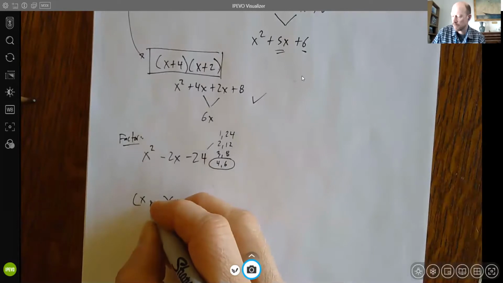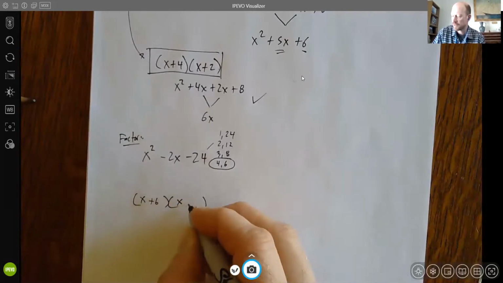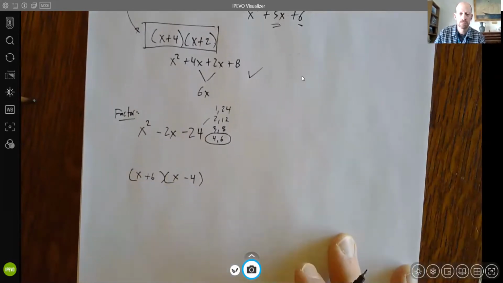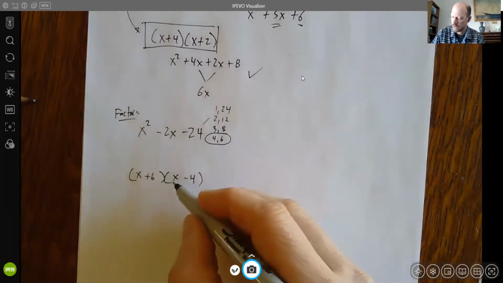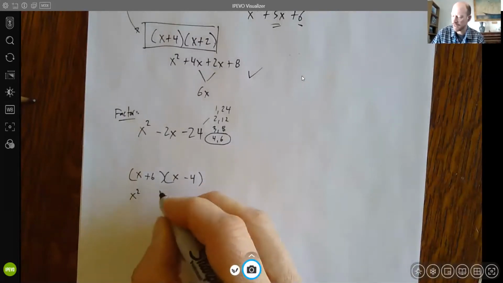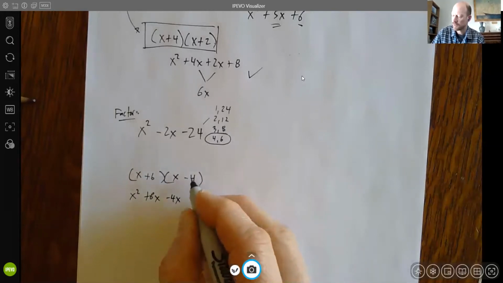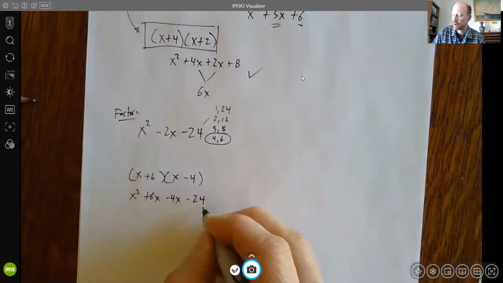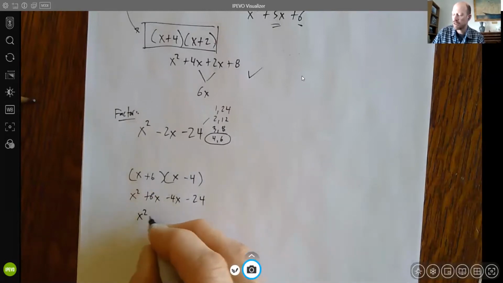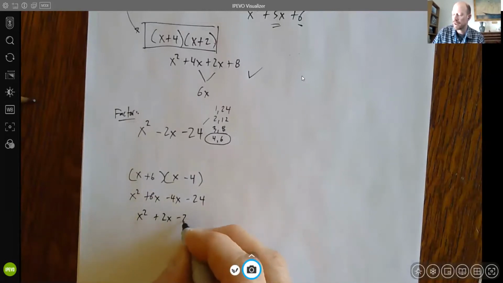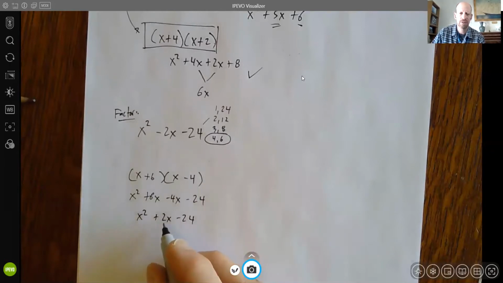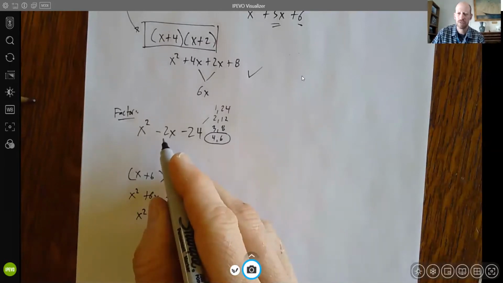So what if I try plus 6 and minus 4? When I FOIL this out, I get x squared plus 6x minus 4x minus 24. I'm very close, but not quite. I got plus 2x and I should have gotten minus 2x.